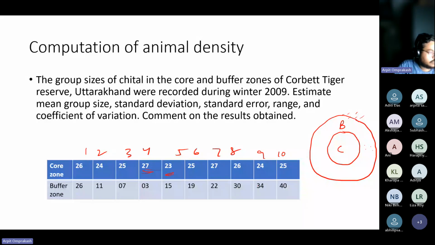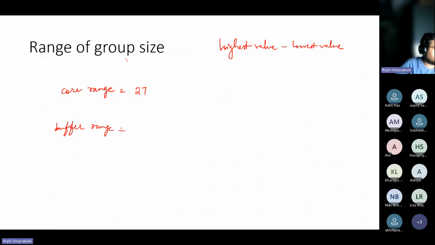For buffer, the highest value is 40. So we do 27 minus 23, equal to 4, and 40 minus 3, equal to 37.